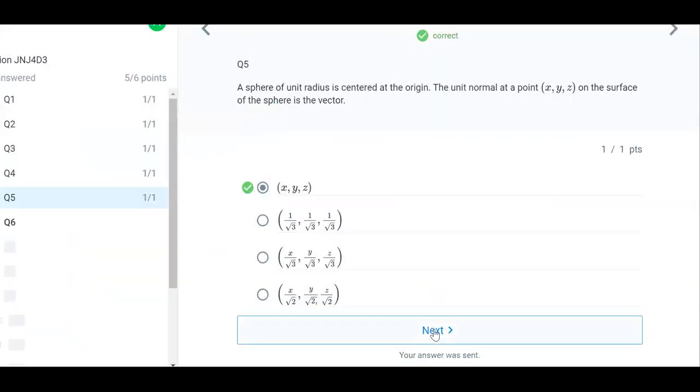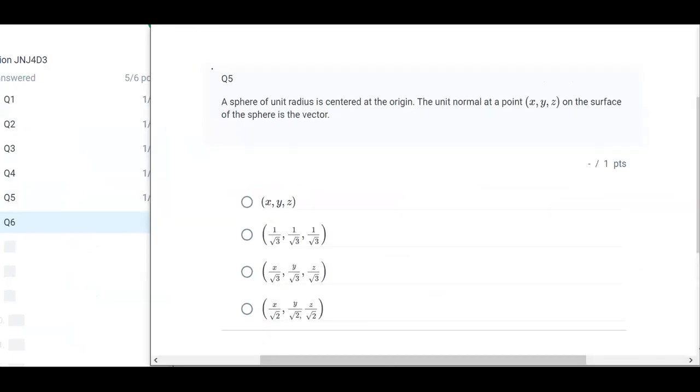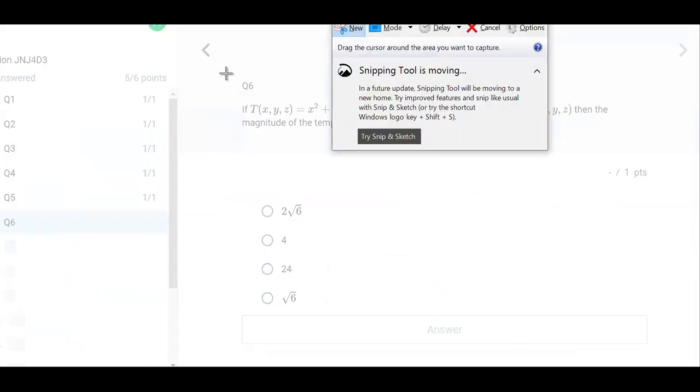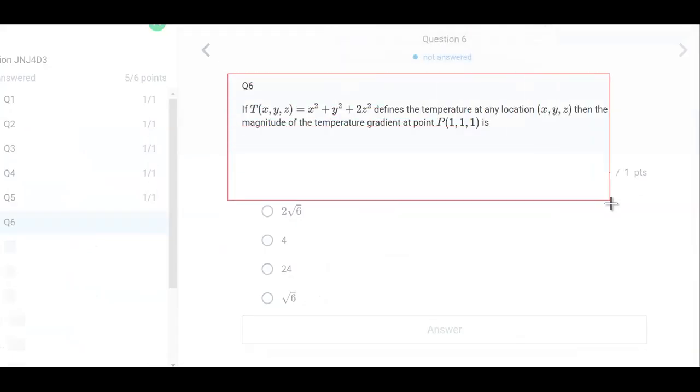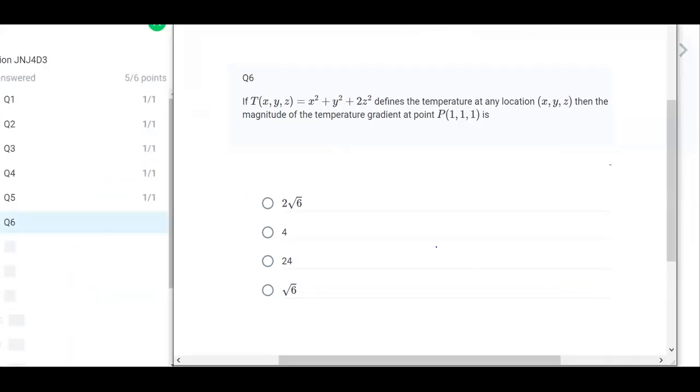So the next question. This again, all are previous year's GATE questions. So you can see how important this section is. So now this is a temperature.